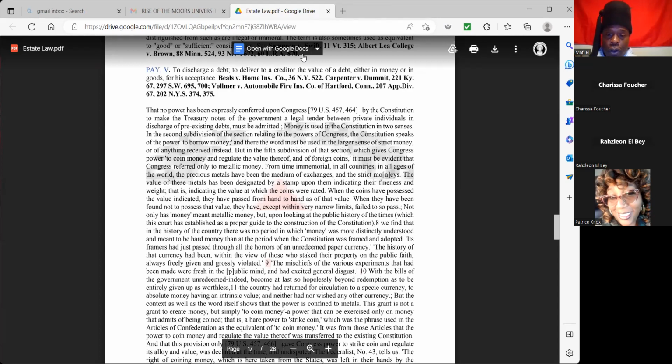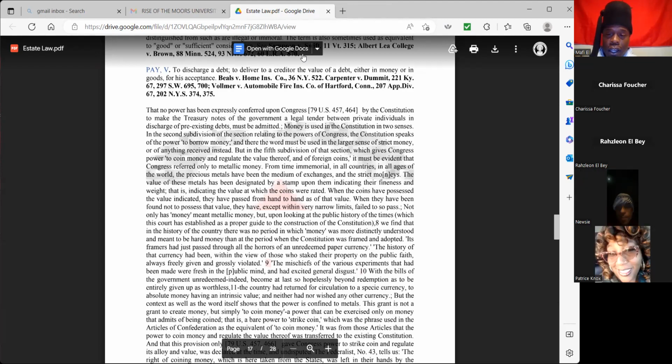The country had returned for circulation to a specie currency, to absolute money having an intrinsic value, and neither had nor wished any other currency. But the context, as well as the word itself, shows that the power is confined to metals. This grant is not a grant to create money, but simply to coin money, a power that can be exercised only on money that admits of being coined.